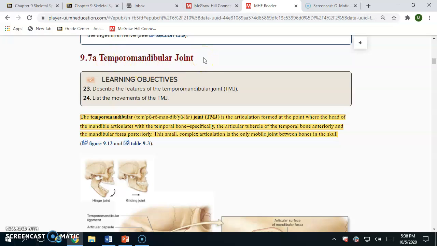The mandibular fossa in the temporal bone connects with the condylar process of the mandible. That's why mandibular is also part of the naming, because it's the condylar process of the mandible that's forming a joint with the mandibular fossa of the temporal bone.